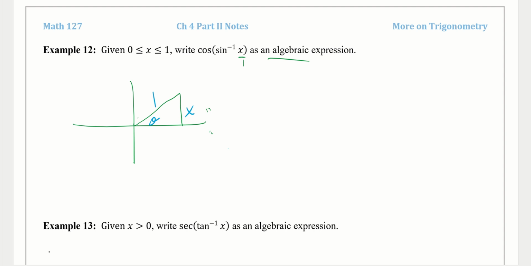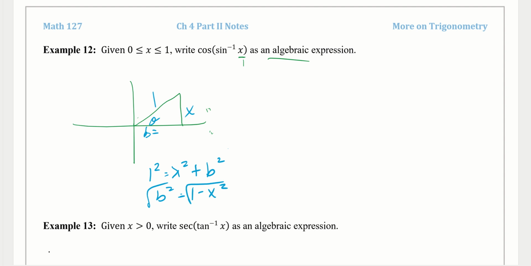And so that's going to be 1 squared is equal to x squared plus, even though there's an x there, we'll call it b squared. All right, so I want to know what b is equal to over here. So b squared is going to equal 1 minus x squared, square root it.